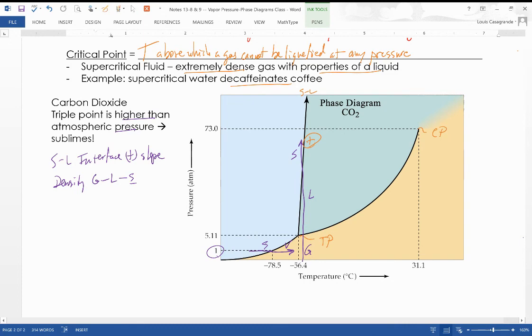In order to get it to a liquid, we need to get the pressure greater than 5.11 atmospheres. If we can get that pressure up to 5.11 atmospheres or higher, we can make liquid carbon dioxide.